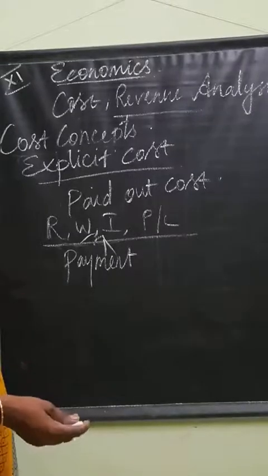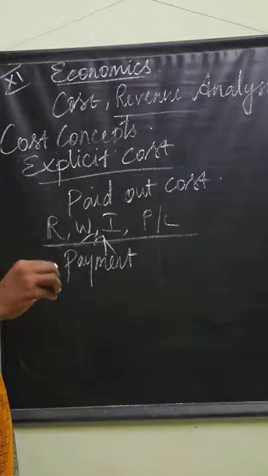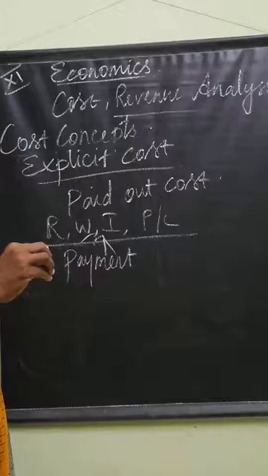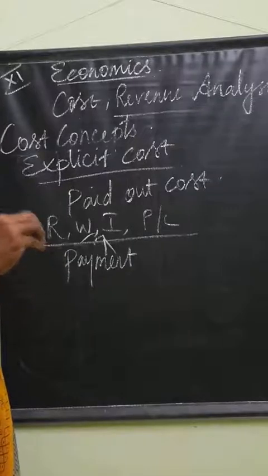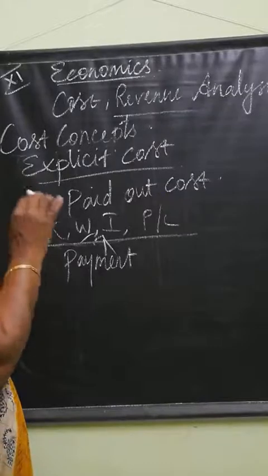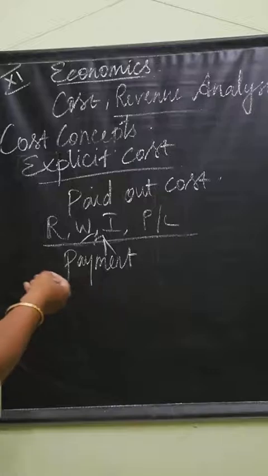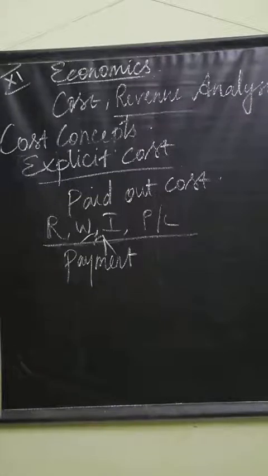Explicit cost also covers what is not directly part of the factors of production: license for the registration, transportation and other things, advertisement.